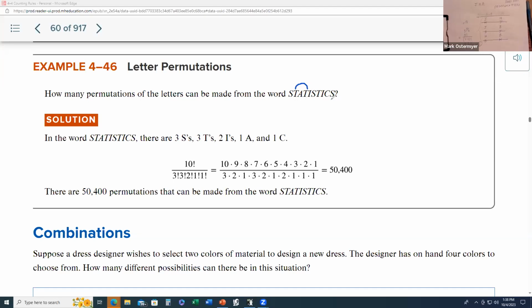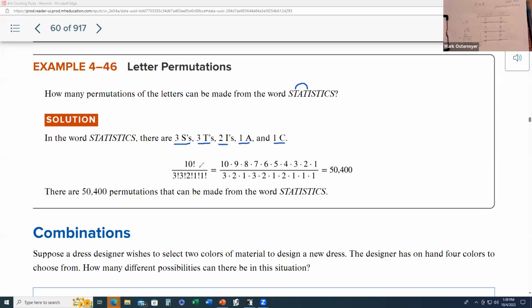when in fact they're not unique. Because we have repeated letters in here, we have to account for that. And therefore, we're going to have to use what they call the second permutation rule here. Specifically, the S's repeat 3 times, T's repeat 3 times, the I's repeat twice, A repeats once, and the letter C repeats once.